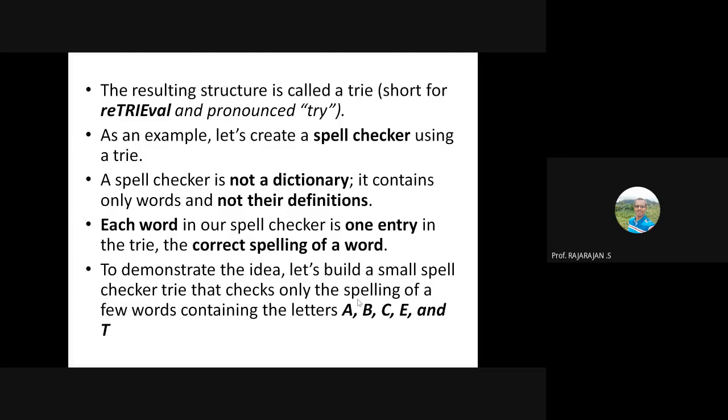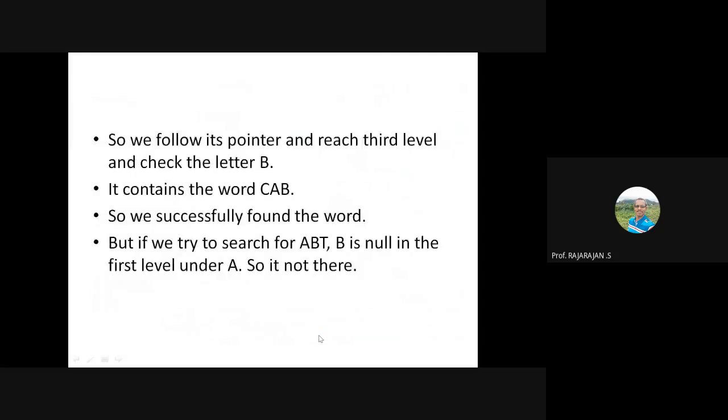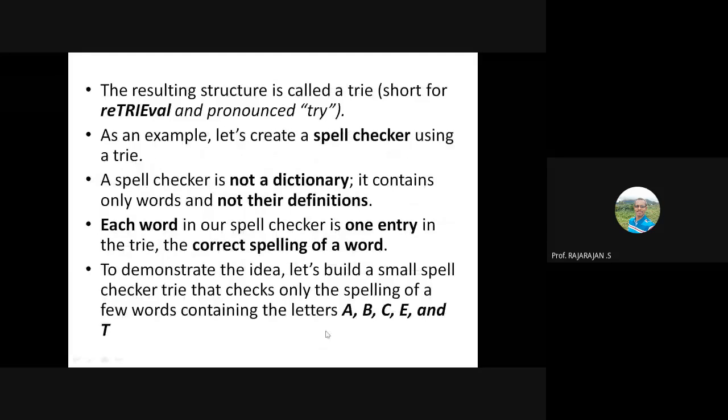Just like in this example, where these are the words that are actually represented: A, EAT, ATE, PE, TAB, like that. You may be asked to represent some words in the implementation you are going to provide in the paper, and accordingly you must establish these connections.